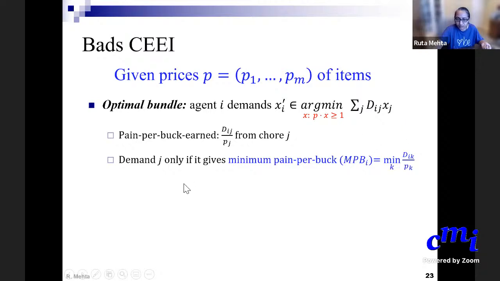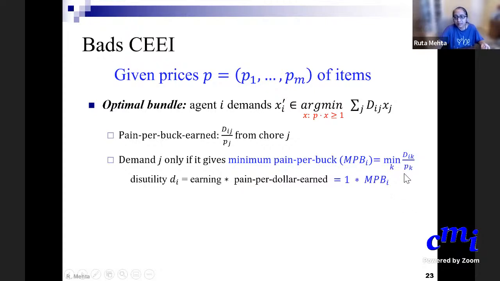So given that they're only going to consume these chores, the dissolution is exactly going to be earning times the minimum pain per dollar. Okay, and because each of their earnings is 1, essentially the dissolution at equilibrium has to be the minimum pain per dollar or minimum pain per buck that they get.